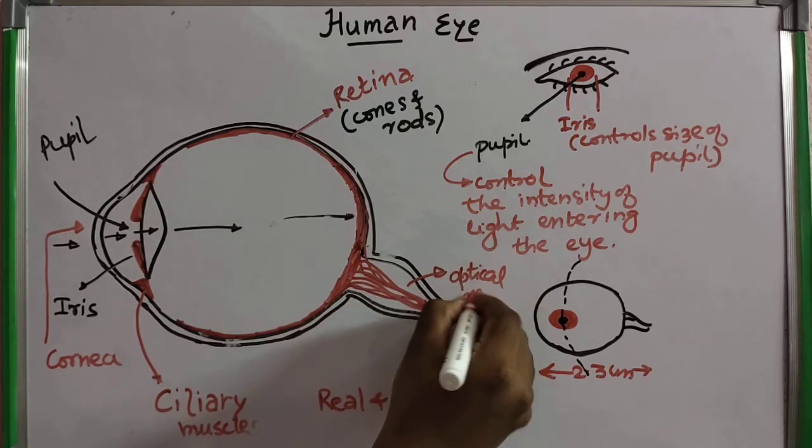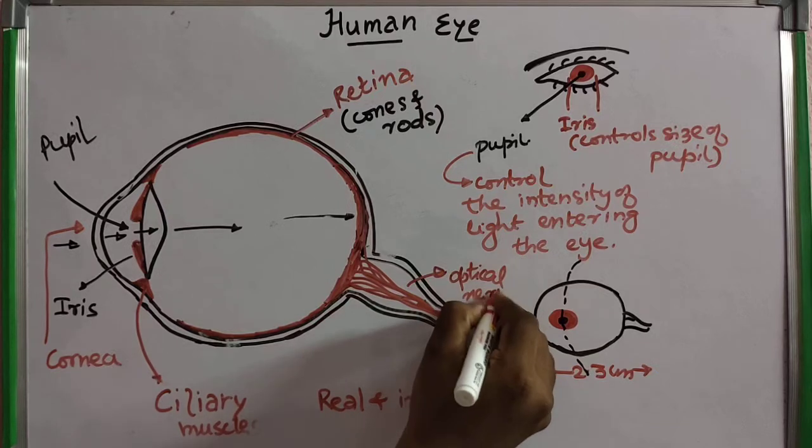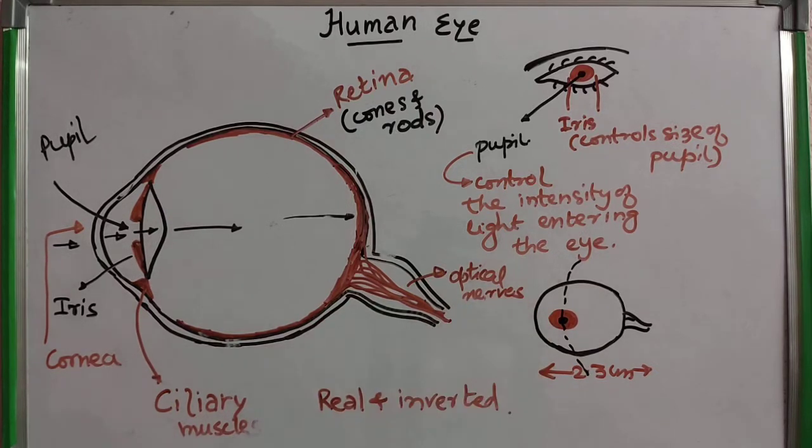So this is called optical nerve. Where is it going? It is going to your brain. Brain will analyze the picture. You are getting an inverted image, the brain will analyze it and again invert that image, so you are seeing everything erect.